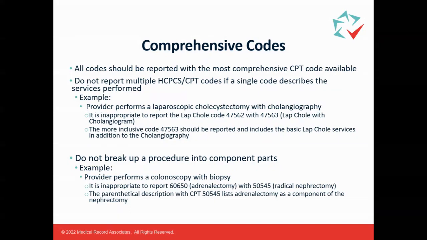Similarly, it's inappropriate to report 60650, which is an adrenalectomy, with 50545, which is a radical nephrectomy, because the parenthetical descriptions within 50545 list the adrenalectomy as a component of the nephrectomy. So again, referencing those parenthetical descriptions and instructions in the CPT book lets you know you cannot bill these 2 codes together.